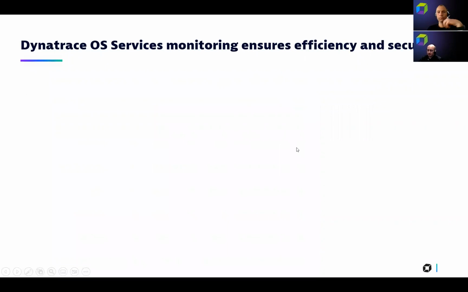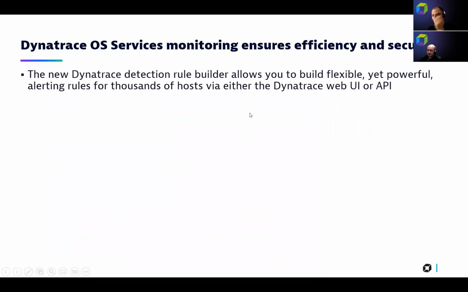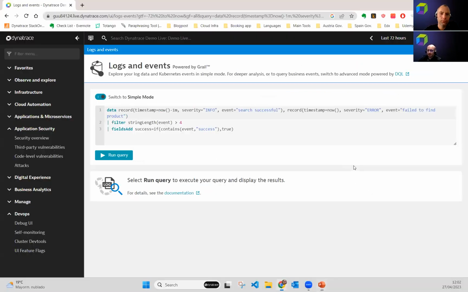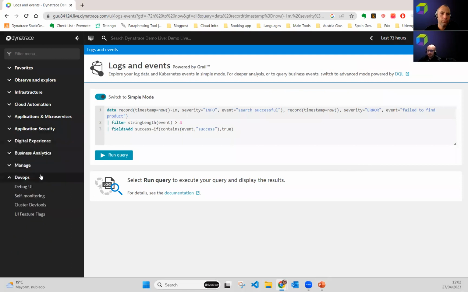And to configure these services, maybe this is the part I can show you. We also have a new detection rule builder. It allows you to have more granular configuration in your OS service monitoring section and OS monitoring configuration. To show you from the environments easily, this is the section.